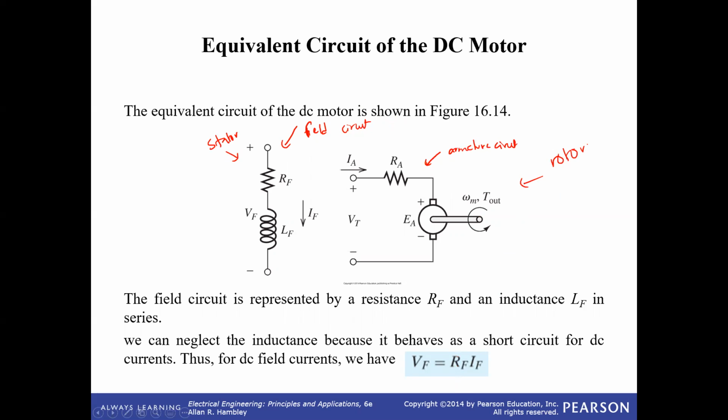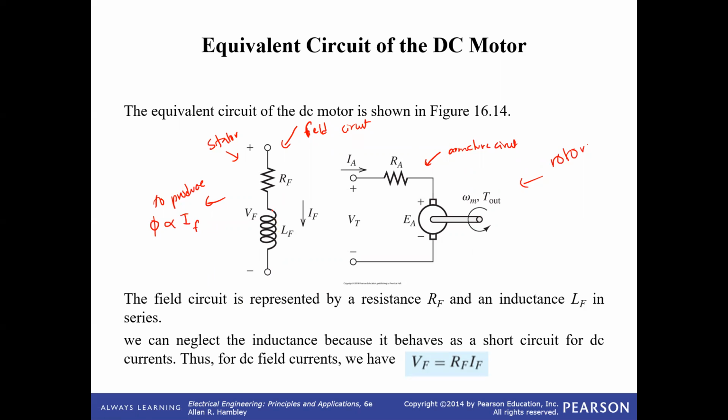The use of the field circuit is just to produce flux, okay? Because flux is proportional to IF, the field current. So if you want to increase the flux, you need to increase the IF, okay?